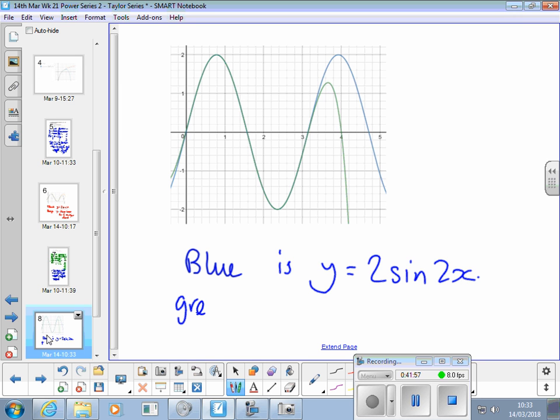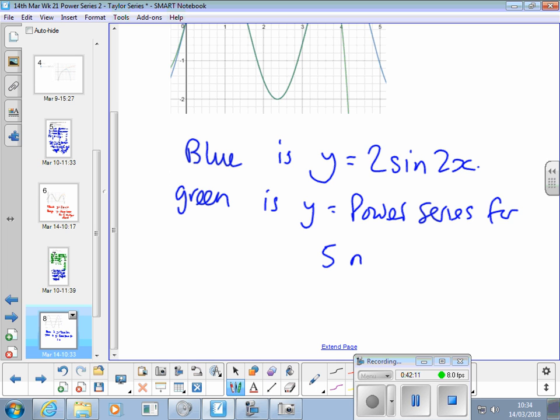Green is the power series, five non-zero terms.